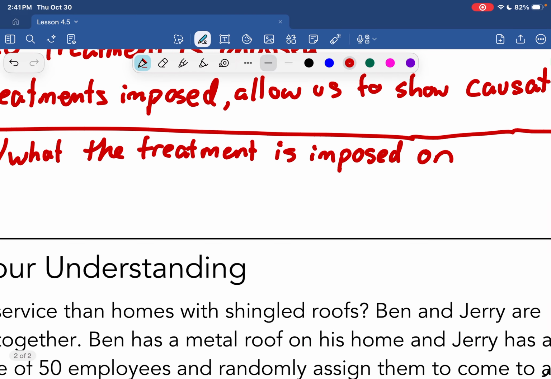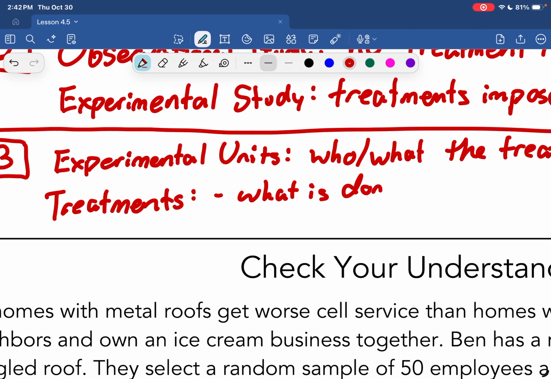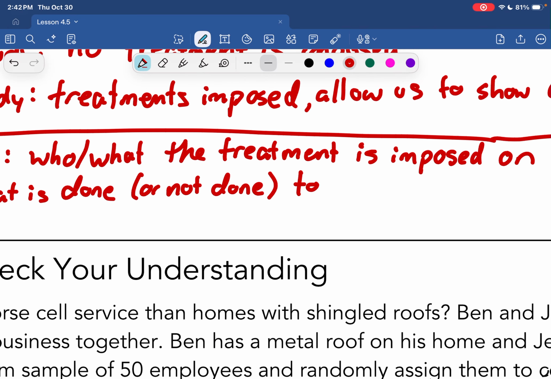That was our 100 juniors. Now, treatments, that definition has two little things. What is done or not done to the experimental units.